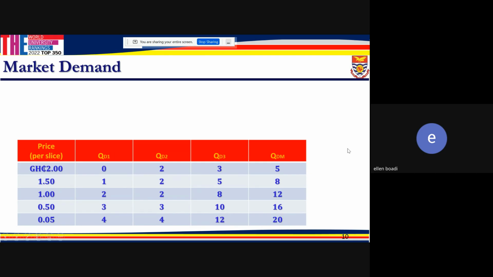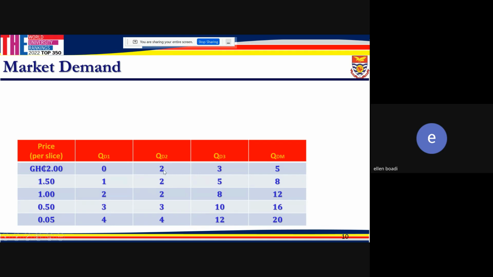Here we are assuming that there are only 3 consumers of bread. In a typical market there are several, but here we assume 3. When the price was 2 cedis, individual 1 decided to buy no bread. When it was 1 cedi 50, the quantity was 1, and it goes on like that. As the price reduces, you see that more quantities are bought.